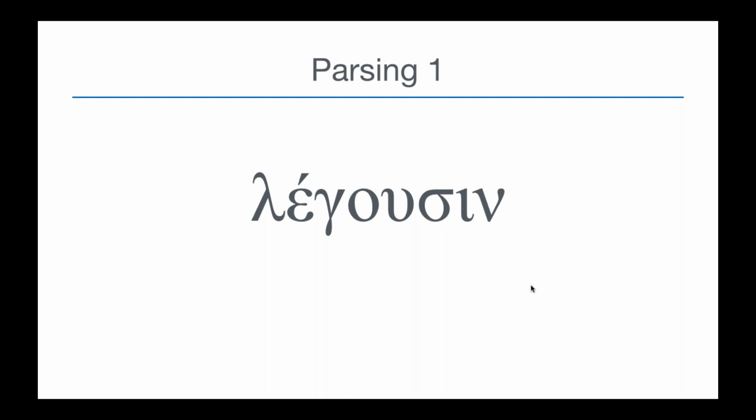So this word is legousin. Okay. Legousin. Now, looking at this word, which ending does it have?